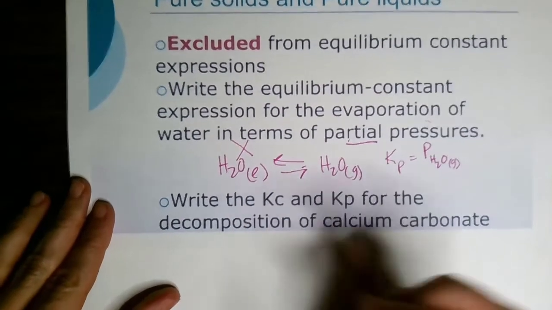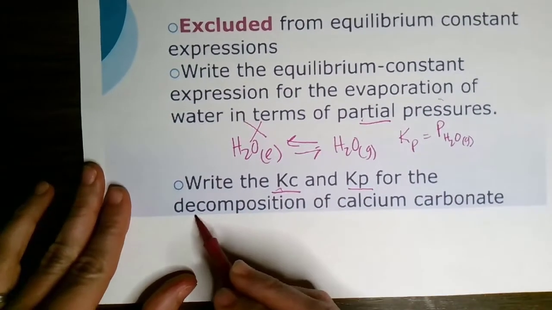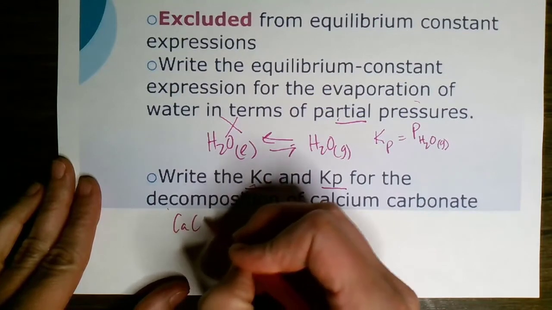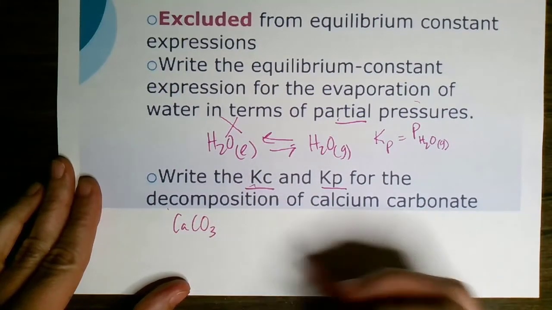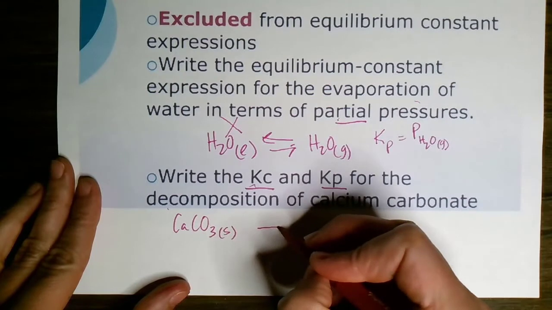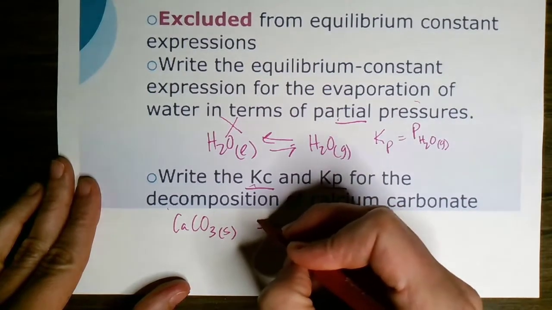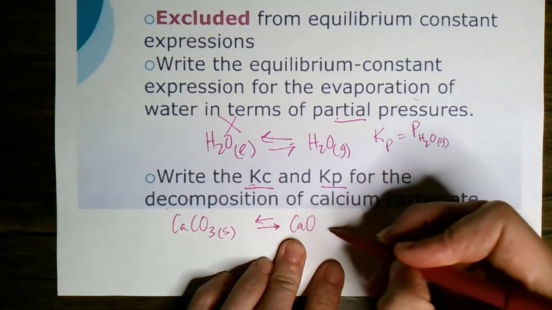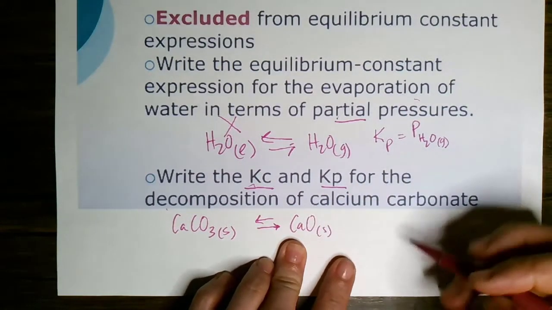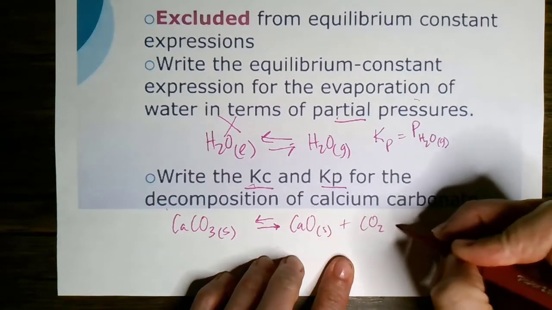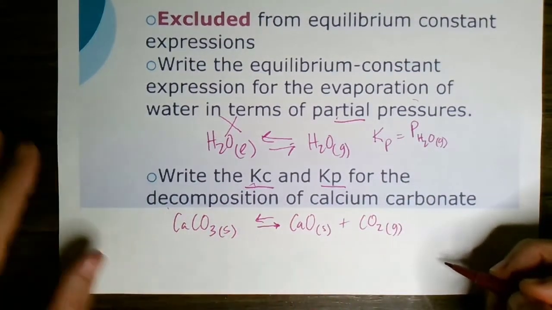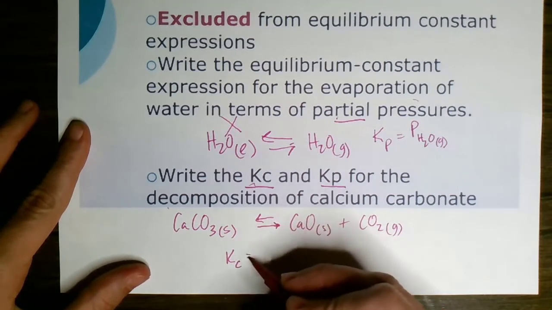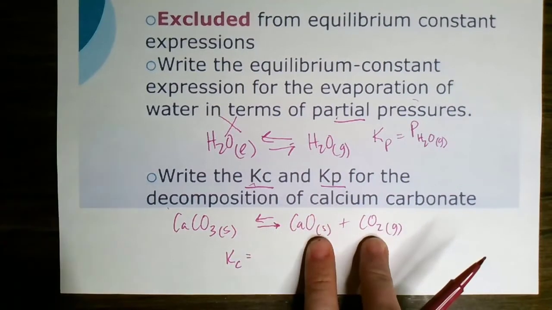Okay, so let's try writing the Kc and the Kp for the decomposition of calcium carbonate. Calcium carbonate, CaCO3, is a solid, and it decomposes into calcium oxide, which is a solid, and CO2 bubbles, which is a gas. For my concentration Kc, I'm going to do products over reactants.